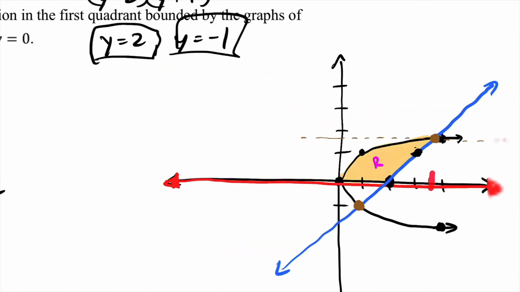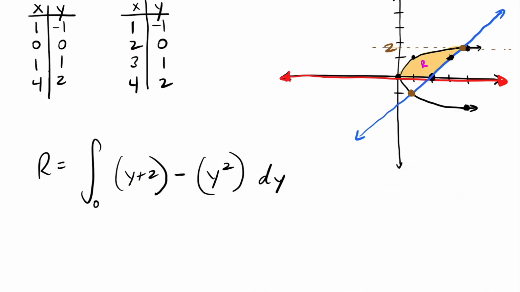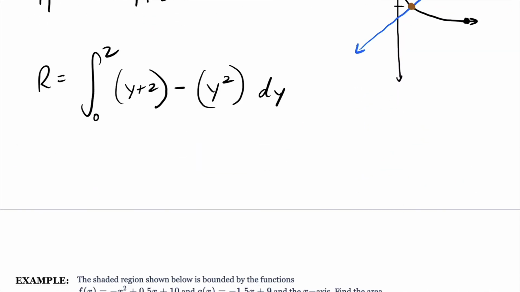Okay. So we know it's going to be positive 2. Y equals 2. So the top bound's at 2. Okay. Non-calculator question, so we have to do it by hand, but it's not that bad.